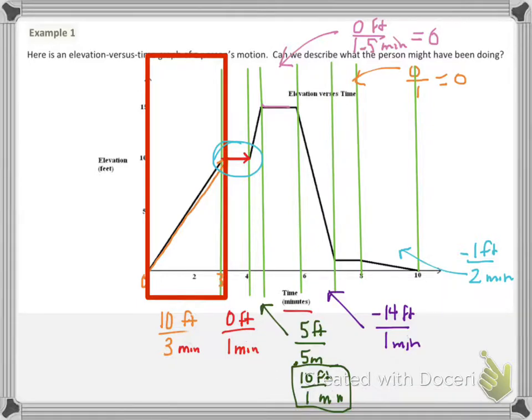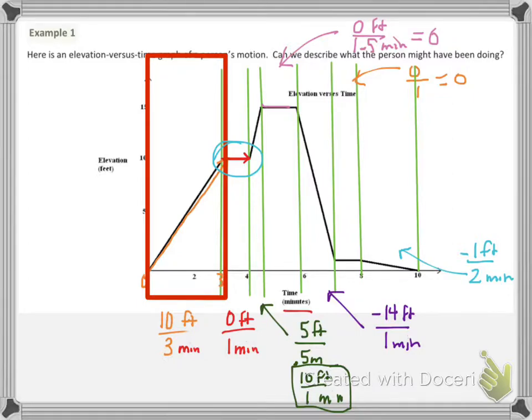We could also be talking about maybe a hot air balloon, maybe 10 feet gain in elevation over 3 minutes. Balloons are slow, but probably a little quicker than that.